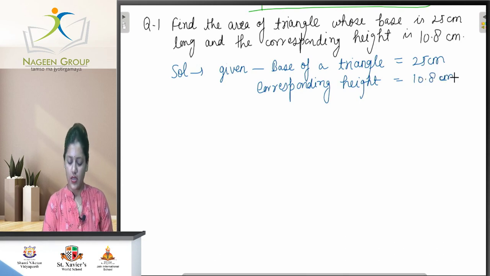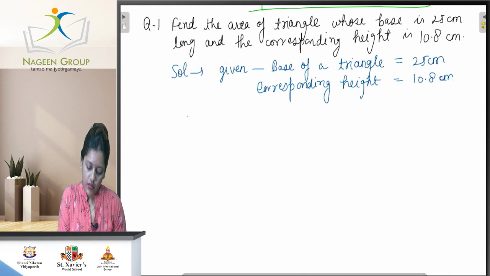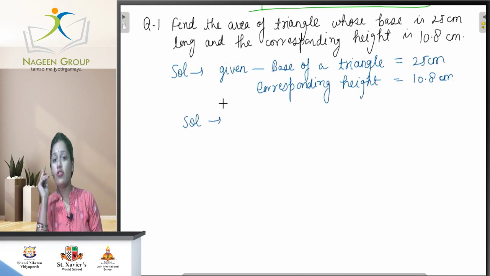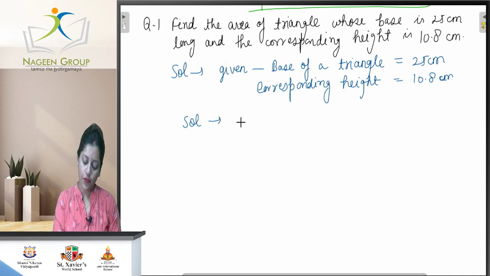Now the solution. Which formula do you have to use? You have to use the formula in which base and height are given. Then you have to use not Heron's formula but half base into height. So the formula used is half into base into height.